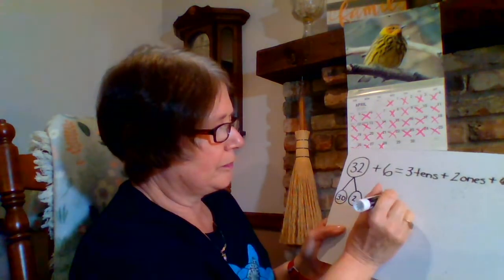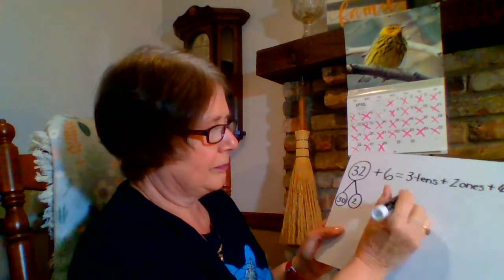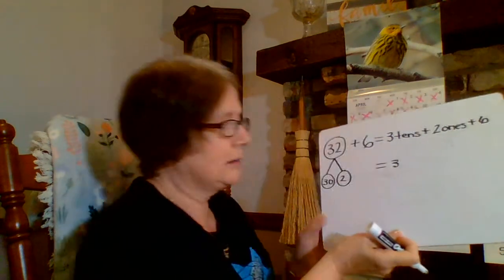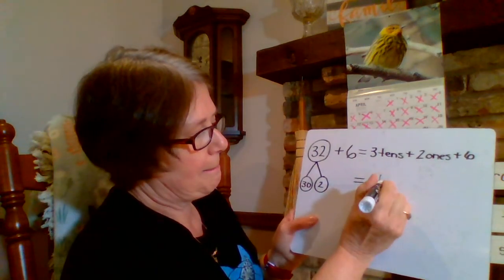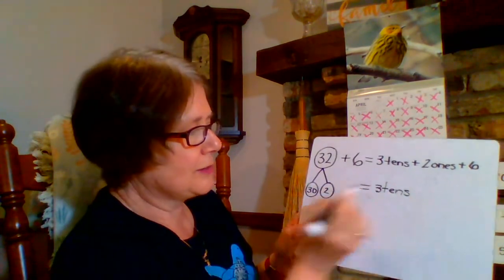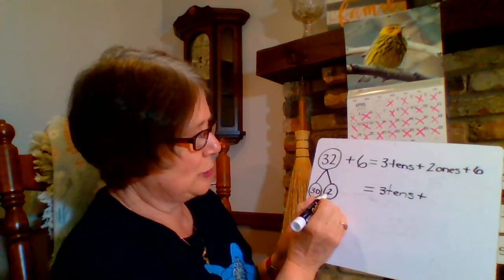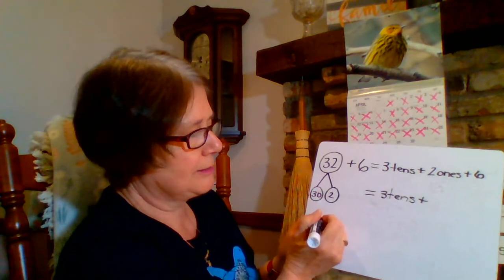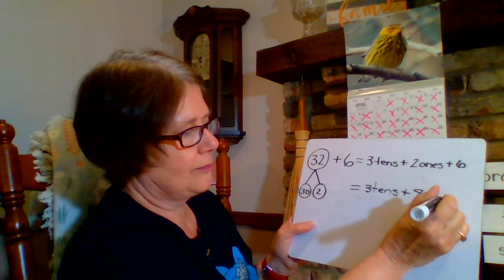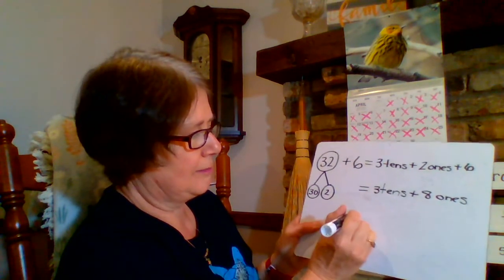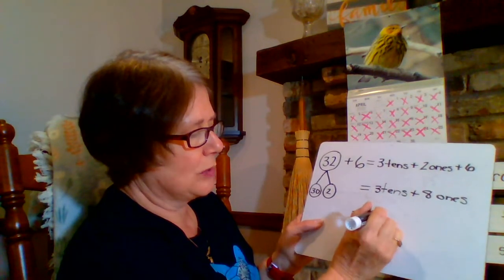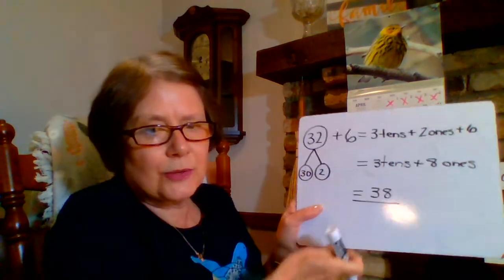So we start out with 3 tens again. Now we're going to add the ones. 2 plus 6. That will give us 8 ones. 3 tens and 8 ones is 38.